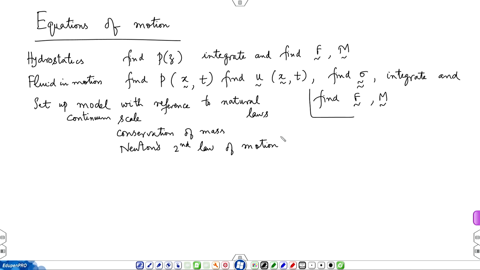Also Newton's third law of motion, which you make use of when you set up the free body diagram of the system being analyzed. And then you may call it conservation of energy, but it is really the first law of thermodynamics.